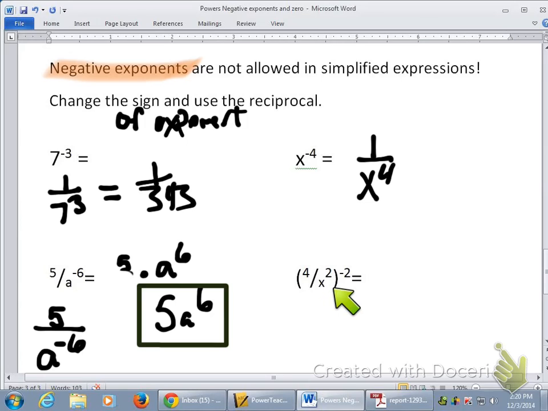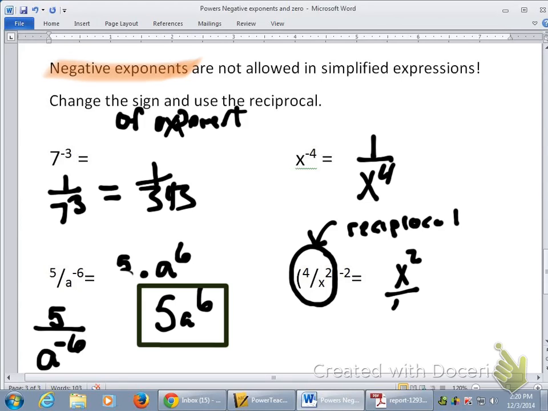This other example is in parentheses. So what I want to pay attention to is what is being raised to the negative 2 power? Everything is being raised to the negative 2 power. So I'm going to do the reciprocal of everything in the parentheses.